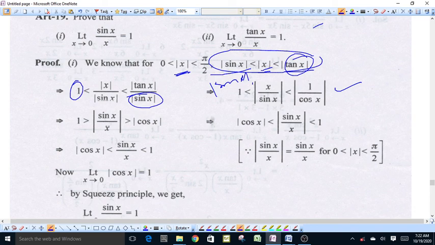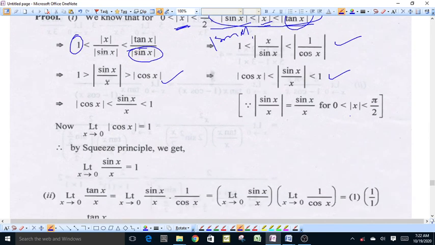Again, we can write it as modulus of cos x is less than modulus of sin x upon x is less than 1. For the first quadrant, the value of sin x is always positive, therefore modulus of sin x upon x in the first quadrant is equal to sin x upon x.